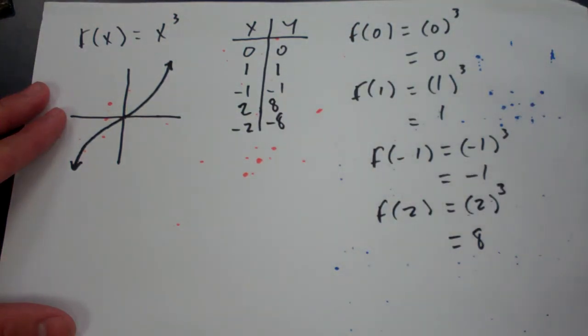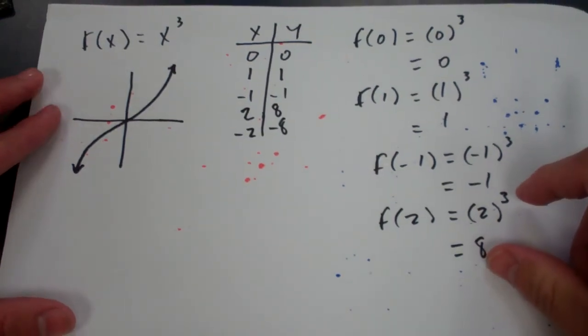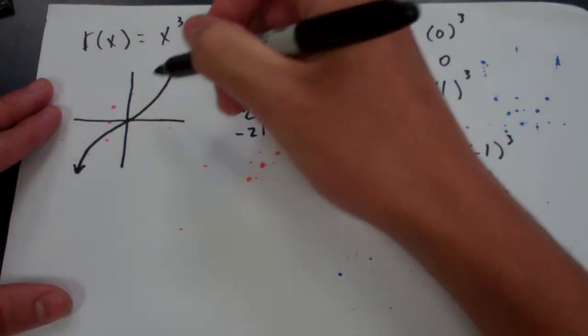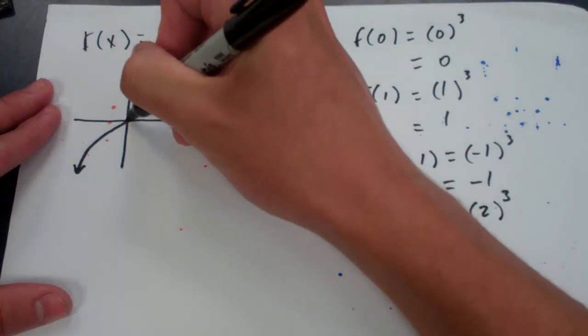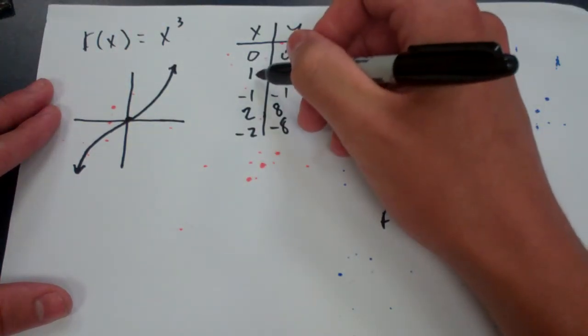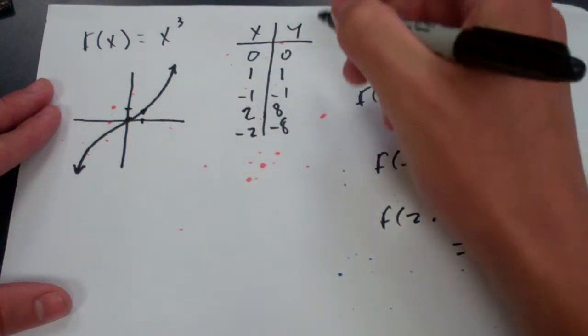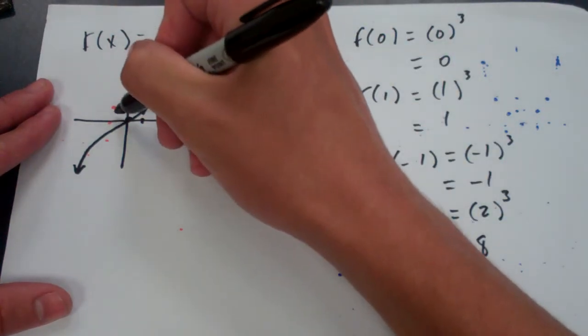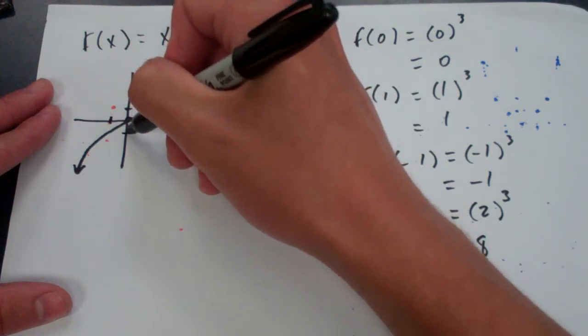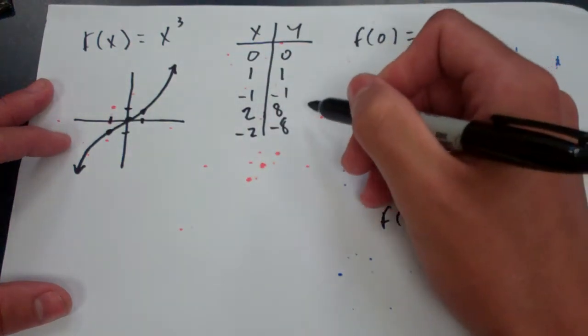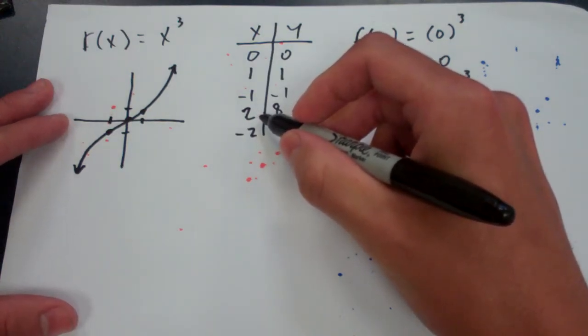Because any negative number cubed is going to stay negative. So if I looked at this and said, okay, at 0, 0, and then at x is 1, y is 1, and x is negative 1, y is negative 1, we can see what's kind of unfolding in front of us here.